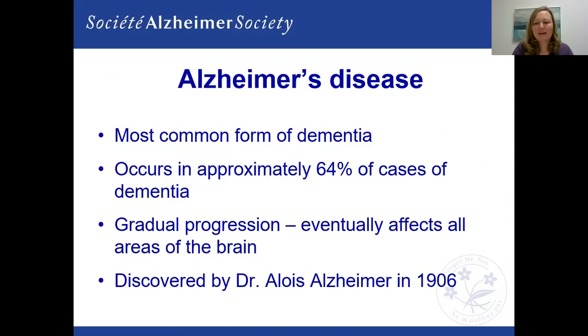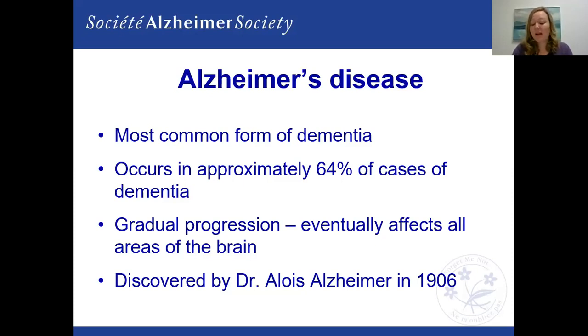Yes, so Alzheimer's disease is the most common form of dementia, and it currently accounts for between 60 and 80% of all cases of dementia. Although the onset is gradual, Alzheimer's disease eventually affects all aspects of a person's life, including their mental abilities, their emotions, and their moods.